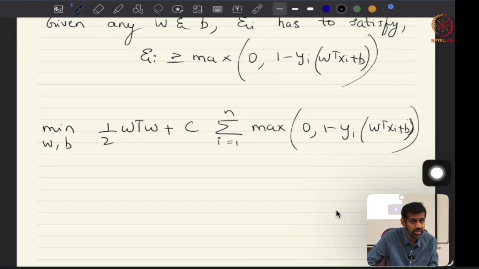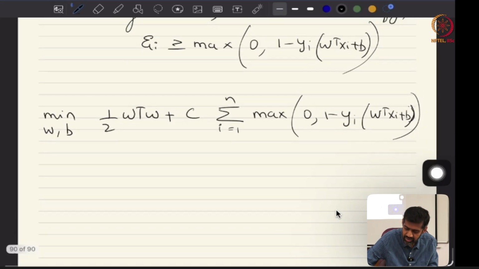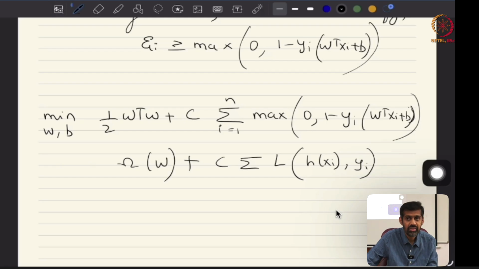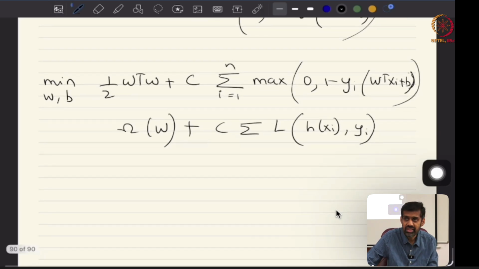This is the problem. Now what does this look like? This is a loss function plus a regularizer on W, isn't it?